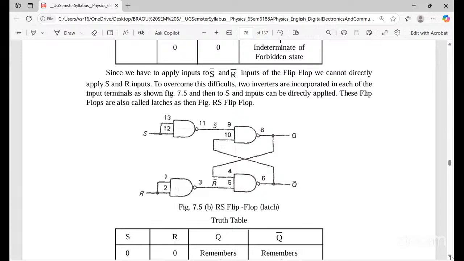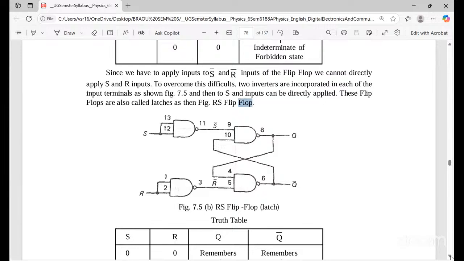So, and then at input terminal, we can give and send the signals through these two inputs directly. So these flip-flops are also called latches. What do you say? Latches. Or you can say latch.